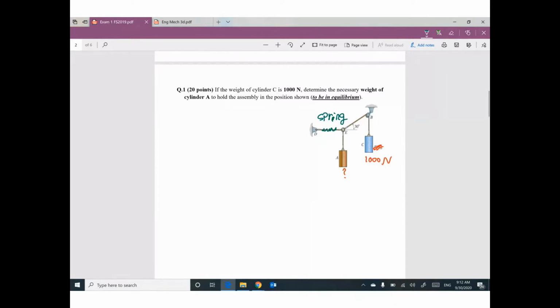For any spring we have something called stiffness K, for example equal to 500 Newton per meter. Keep it in your mind just for a few minutes and I will discuss it later.